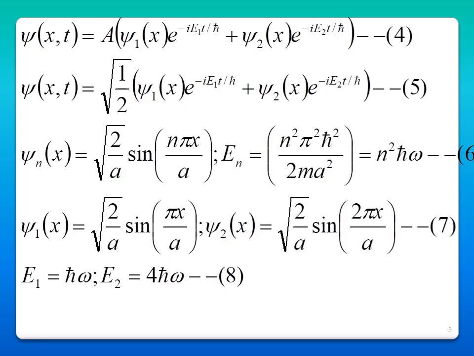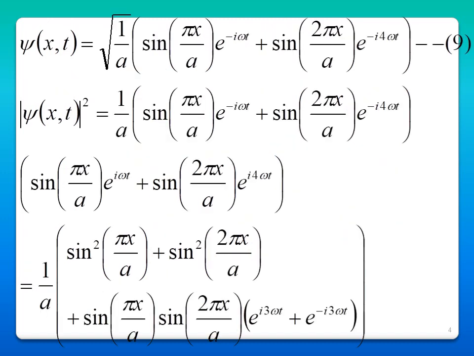So from this we can write psi 1 of x is square root of 2 by a sin pi x by a, psi 2 of x is square root of 2 by a sin 2 pi x by a. So E1 is h cross omega, E2 is 4 h cross omega. Now if you substitute all this, psi of x comma t is square root of 1 by a, sin pi x by a e power minus i omega t plus sin 2 pi x by a e power minus i 4 omega t.